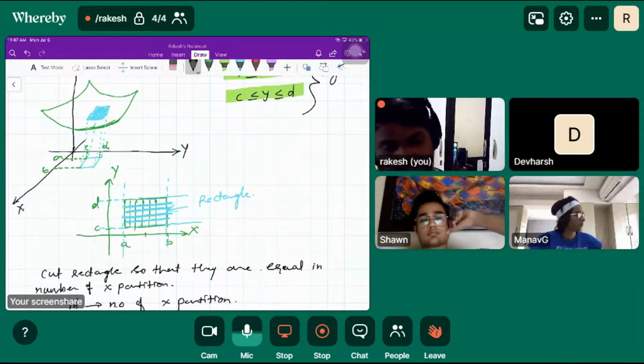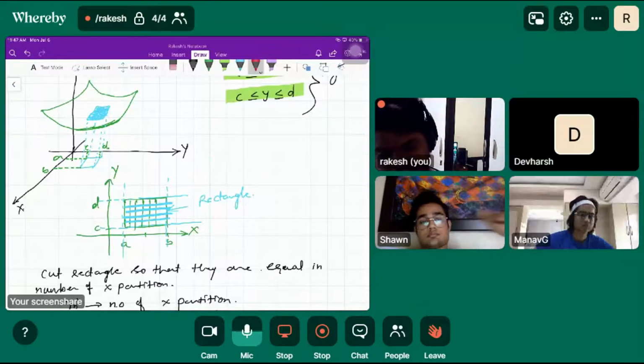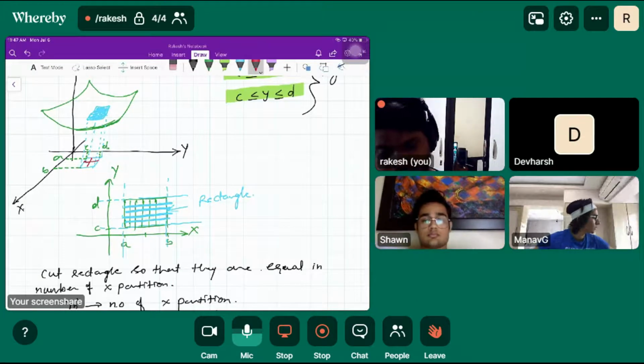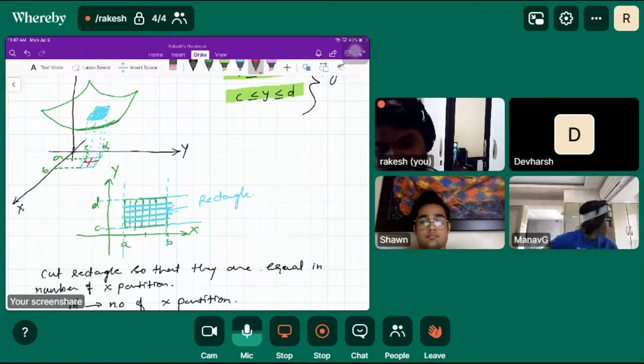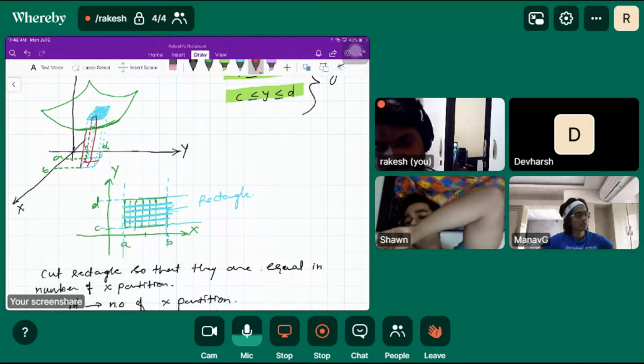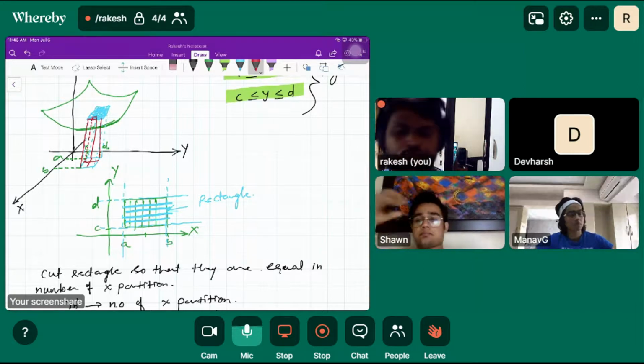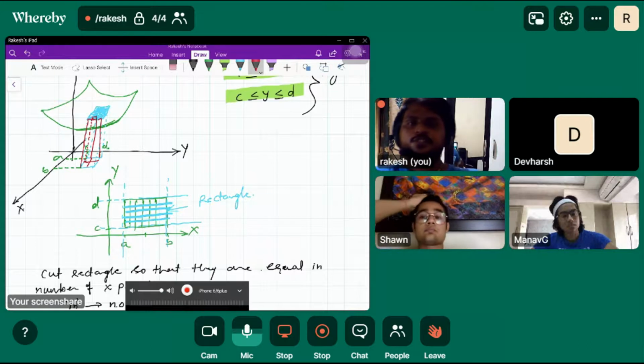Then how do we find the prism here? Suppose I draw one prism here. Let's say I just divide this into four equal rectangles. Let me show you one diagram from one of the textbooks.